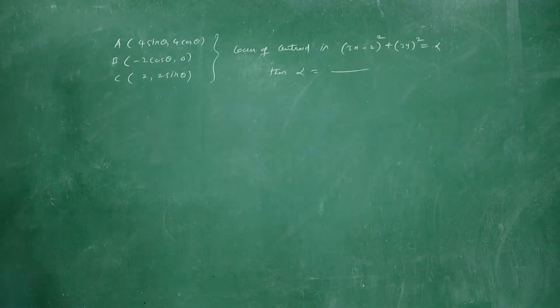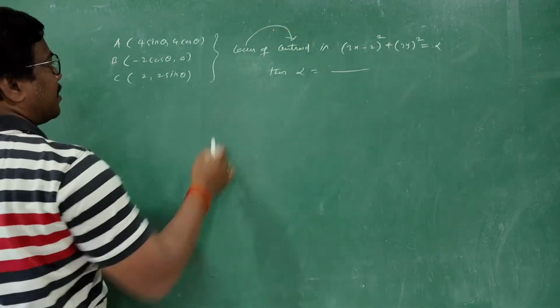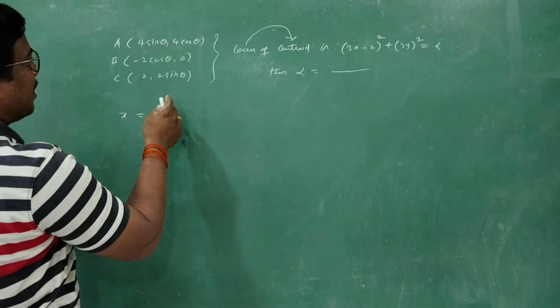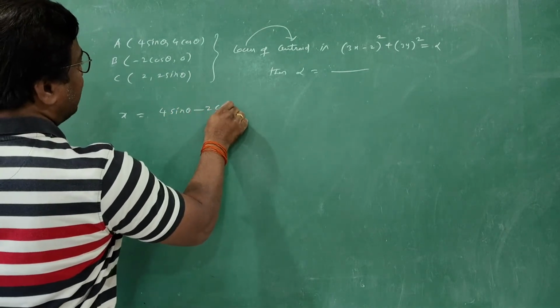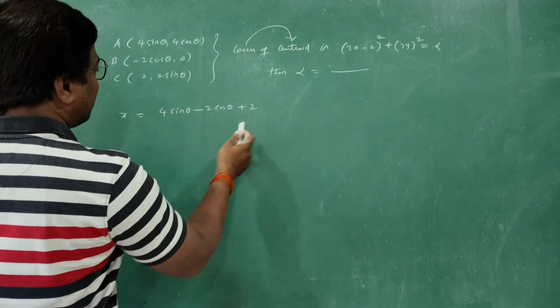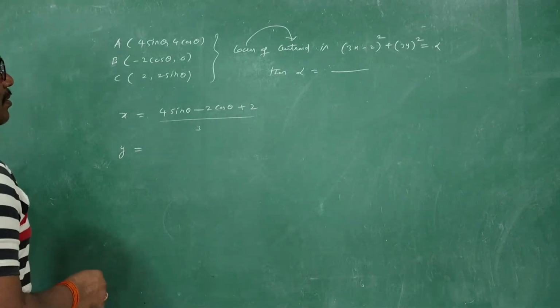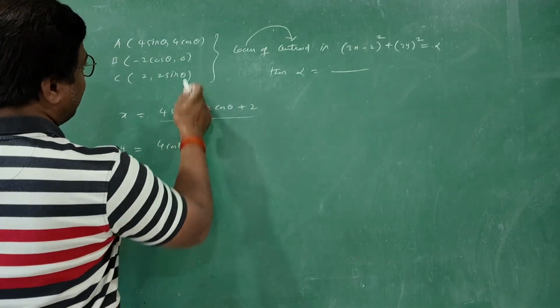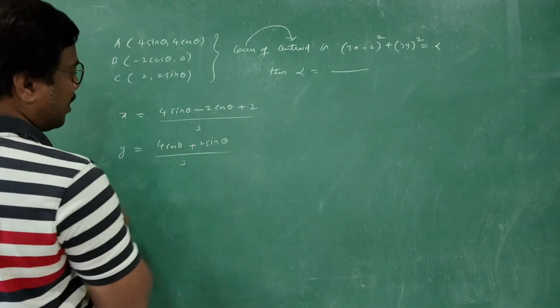Yes. The locus point is the centroid of the triangle. X coordinate: x1 plus x2 plus x3 by 3. So 4 sin theta minus 2 cos theta plus 2 divided by 3. Next, the y coordinate I am going to write: 4 cos theta plus 0 plus 2 sin theta divided by 3.